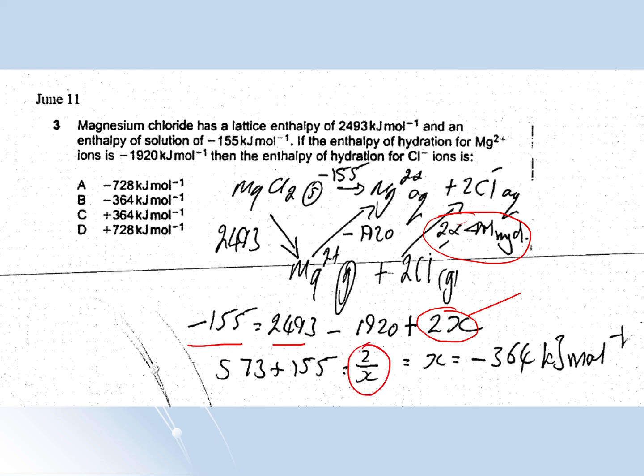So when you solved this part of the equation here, that was equal to 2x. They've set the trap here for people who forget to divide by 2, and they've set the trap for people who get a little bit wrong in their algebra and end up with a positive value instead of a negative value. Your enthalpies of hydration, by the way, will always be negative, so if you did get a positive value, you can go back and double check you've done something wrong.